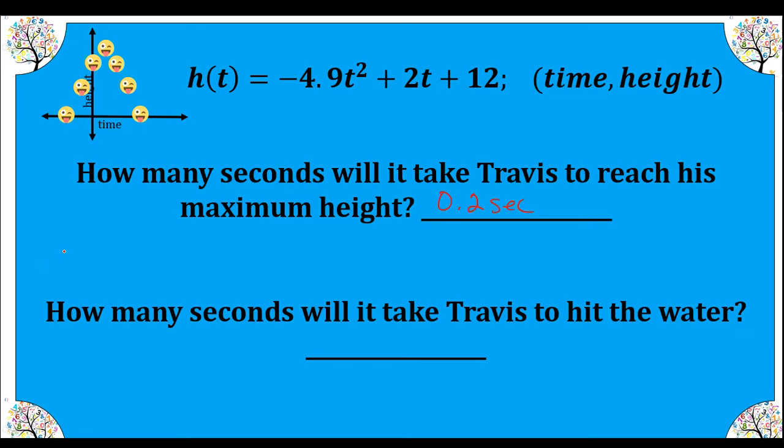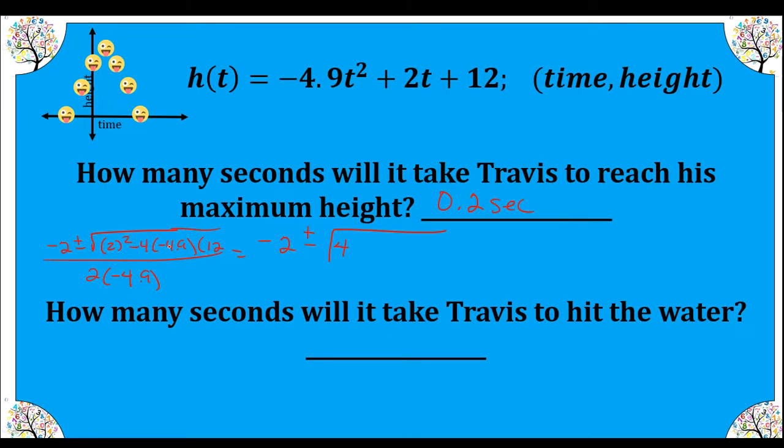So we're going to use the quadratic formula: negative b plus or minus the square root of b squared minus 4 times a times c, all over 2 times a. So we're going to square 2 and now determine our operation.